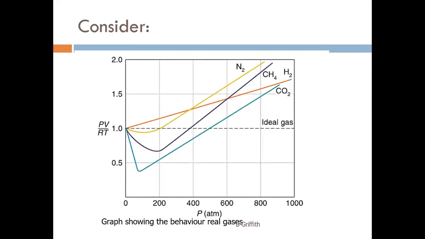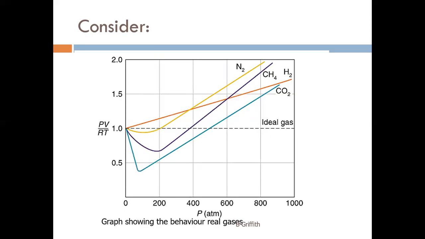As we wrap up this section, we can look closely at different types of gases and how they behave. This is at constant temperature, but different pressure. We're seeing deviations above and below the ideal gas line.